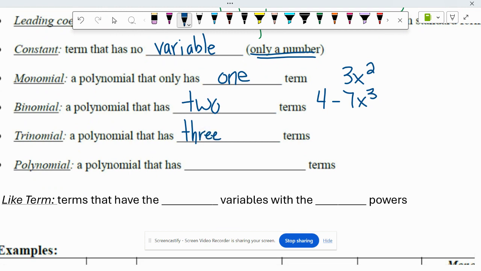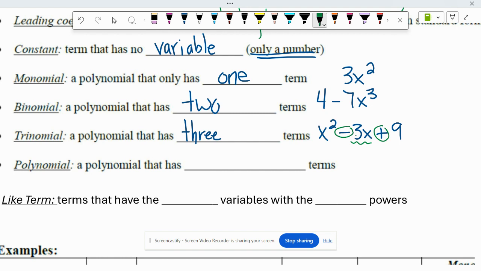An example would be x squared minus 3x plus 9. That's 3 terms. So I said the terms are joined by multiplication, 3 times x, but they're separated by plus signs and minus signs.